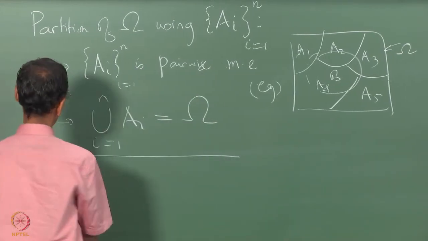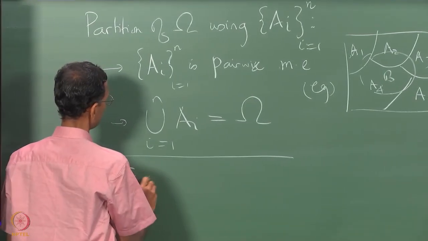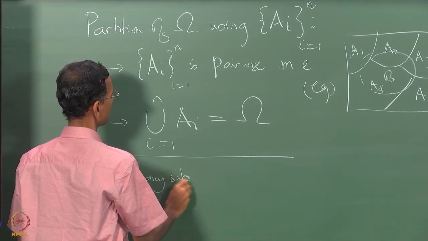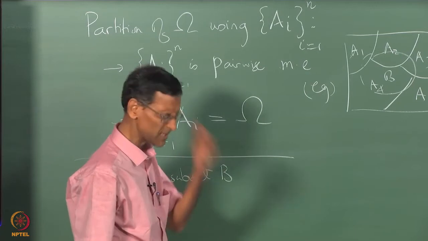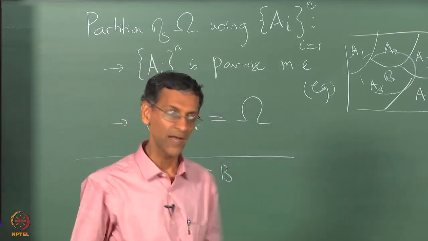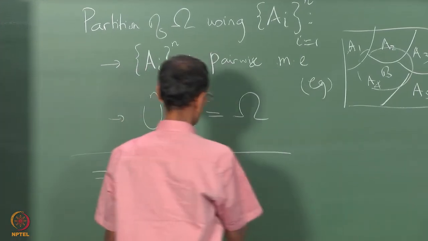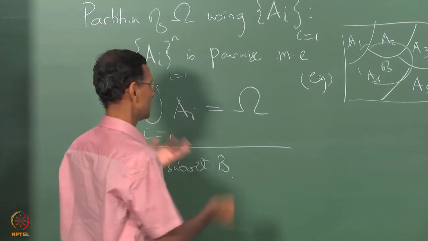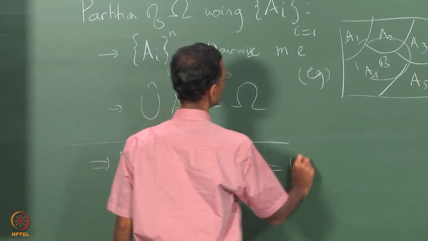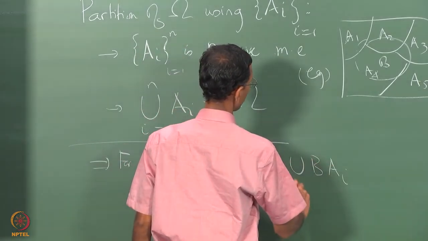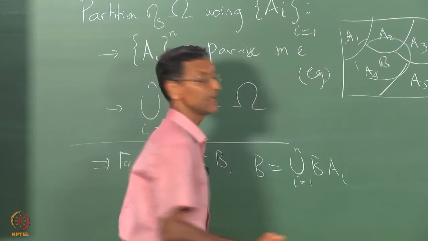So for any subset B which is in the sigma algebra F, for which we want to assign a probability, B will be the union of B intersection Ai.